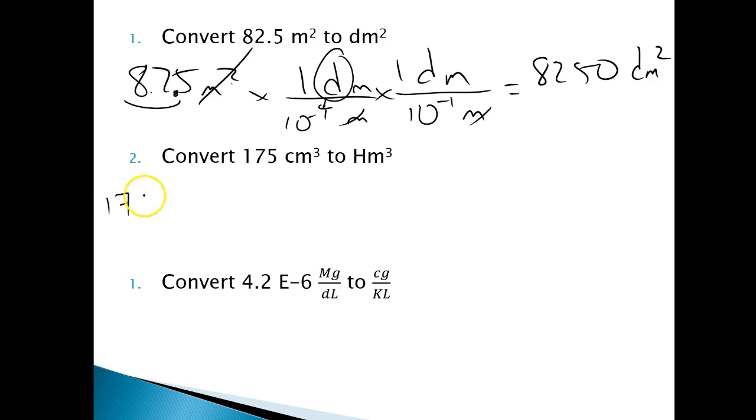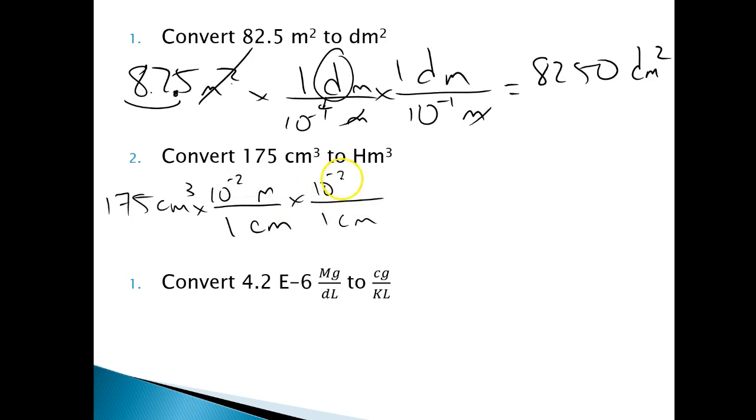Okay, 175 centimeters cubed. This one's going to be a long one because it's not a prefix. That means the first thing I'm going to do is change it into base units, not a base unit. So 1 centimeter, 10 to the negative 2. Because it is cubed, I have to do exactly the same thing 3 times. Centimeters, centimeters, centimeters, centimeters cubed.